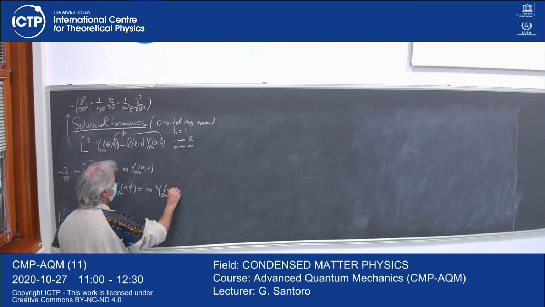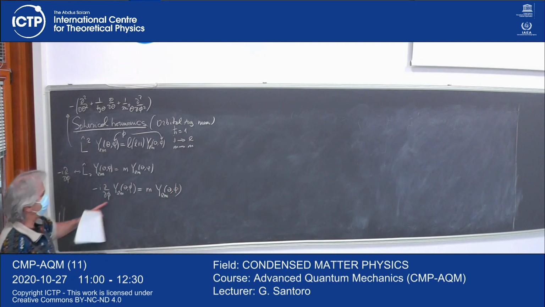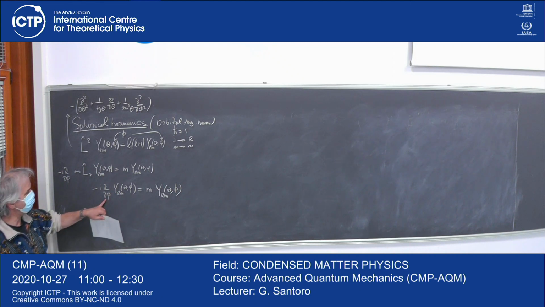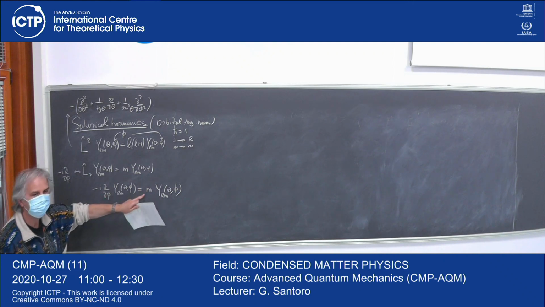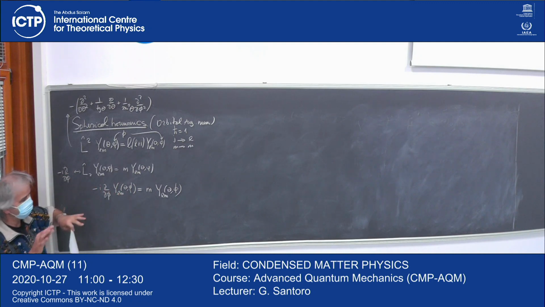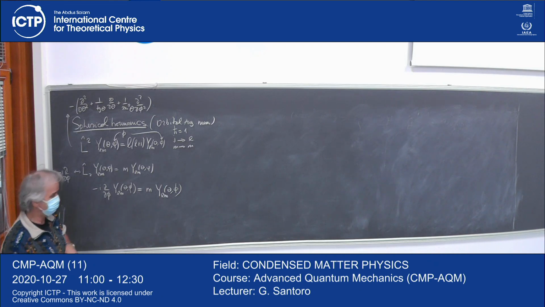How do you solve this? Let's argue together. You take a derivative, minus i the derivative, equal to some number. Remember, this is like an eigenfunction of momentum. It's not a momentum, but it looks like minus i the derivative with respect to x. So you know how to solve it. It's a plane wave.